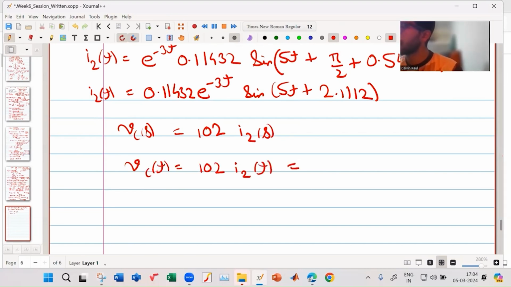So I2 of t is 0.11432 into 102. That comes out to be 11.66064 e raised to minus 3t sine of phi t plus 2.1112. Okay, is this clear?